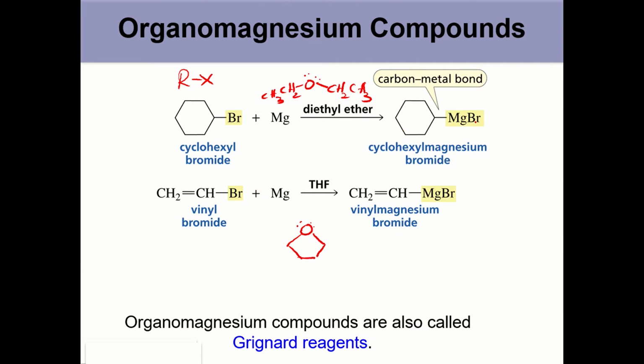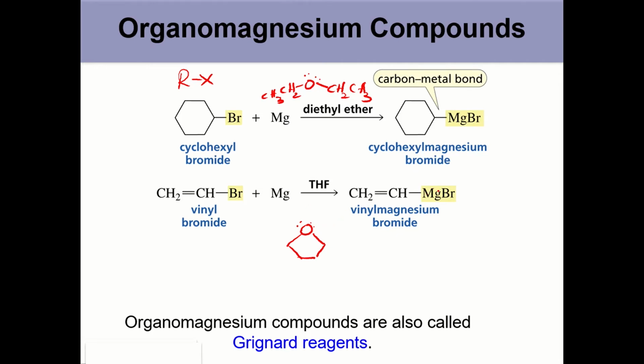Now you can see in the prepared organomagnesium compound, what happens is that magnesium is inserted between the carbon and bromine. So it is more like an insertion of magnesium between the carbon and this X group. So in both occasions you can see magnesium being inserted.